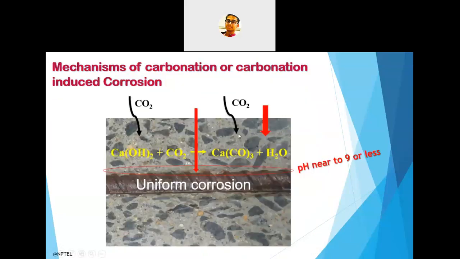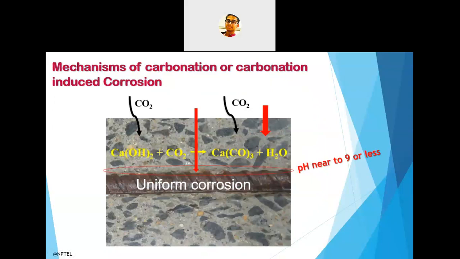Now I'm going to talk about the mechanism of carbonation, how carbonation-induced corrosion happens. What is the mechanism behind it? When carbon dioxide enters the concrete surface, there is a consumption of calcium hydroxide.